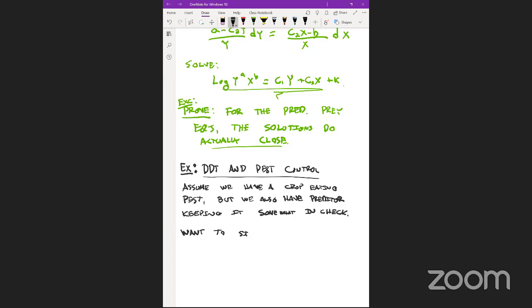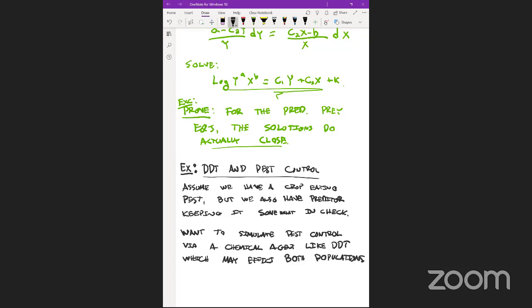So we want to simulate pest control by a chemical agent like DDT, which may affect both populations.